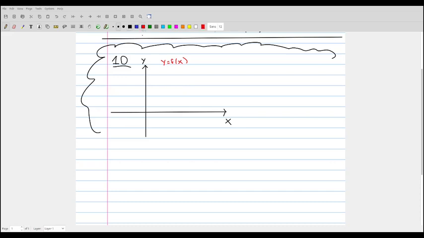For instance, this function might come up to some maximum here and hit a local minimum right here. Maybe there's an inflection point of the function. So it kind of comes up, goes down, and there's a point where the concavity changes, and then maybe you have some discontinuity, so a cusp point right here in the derivative. This is a nice picture, say, of a possible example function of x.